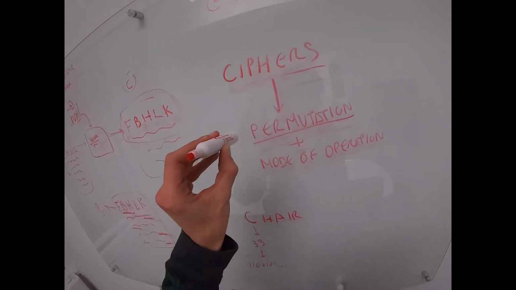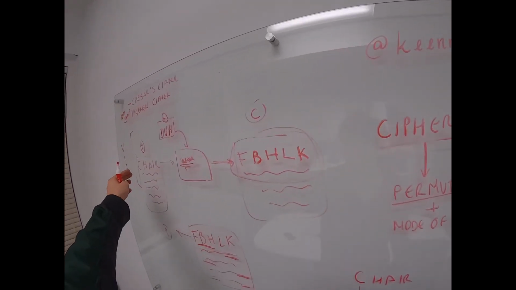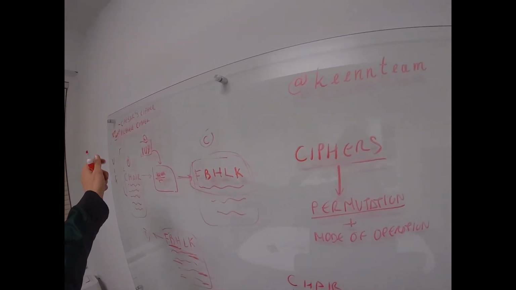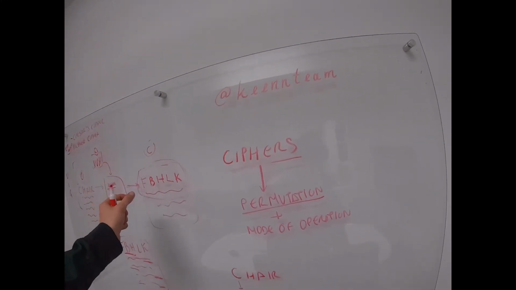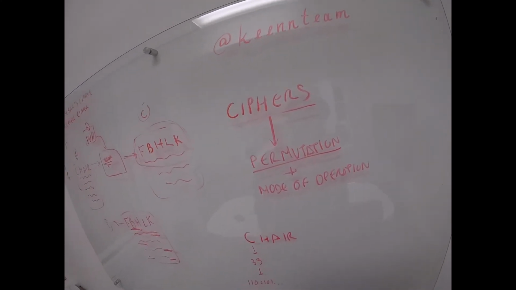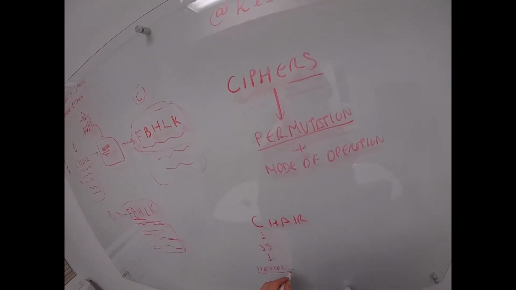So the permutation is the algorithm that dictates how the plaintext units get converted into ciphertext pieces, which computers will work with in here.